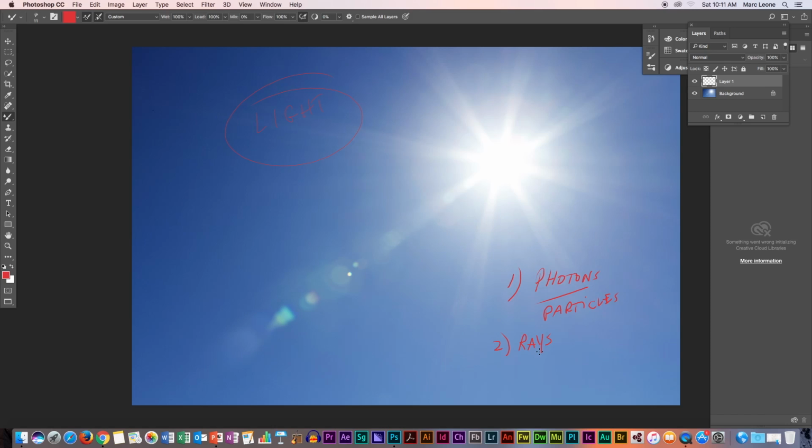So that's what we're trying to understand: not only light, but also how it gives form to objects. Without it, we'd be in the dark, right? So it gives form, and it gives the idea of three-dimensionality, which is very important.